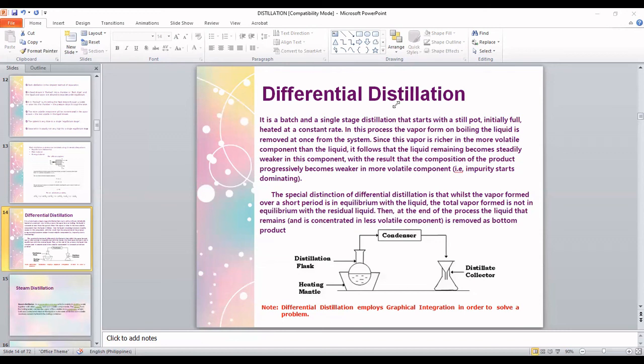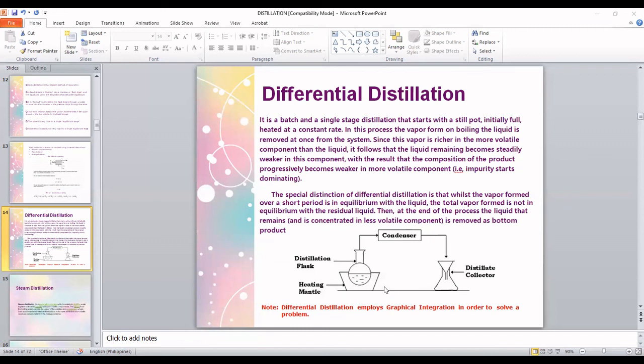So I will say your vapor that leaves this particular flask that is turned into liquid is in equilibrium with the liquid that it became. So the vapor that went up here is in equilibrium with the liquid that you have been collecting in here, not with the residual liquid.